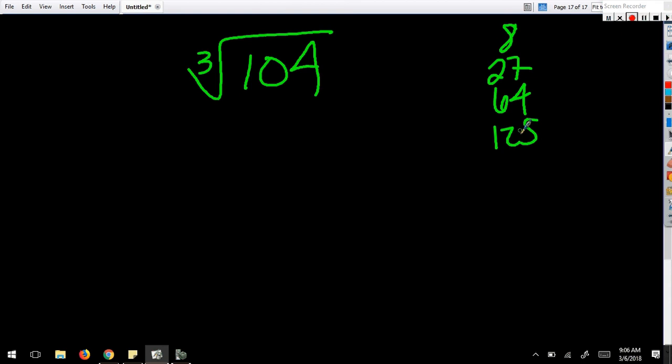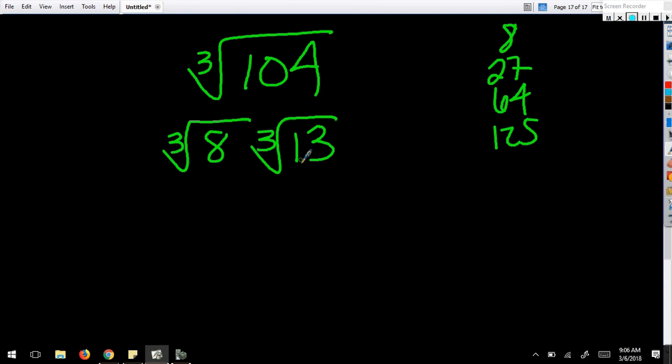Does one of those go into 104? 8. 8 and what? The cubed root of 8 is... The third root of 8.